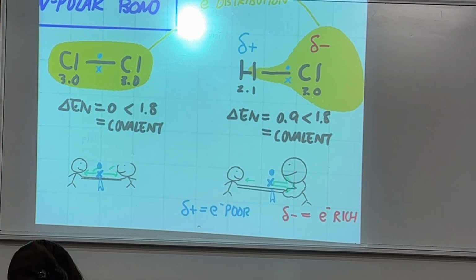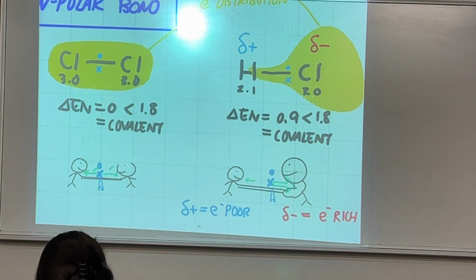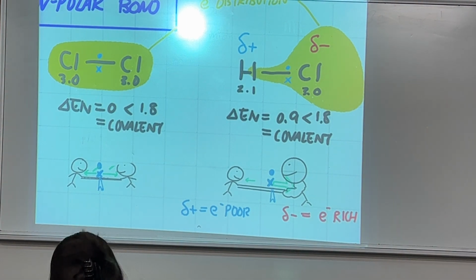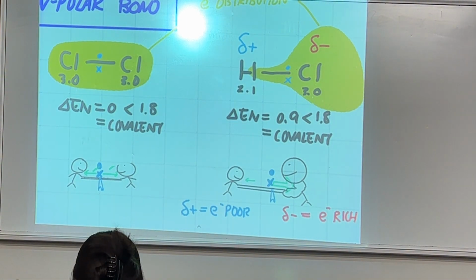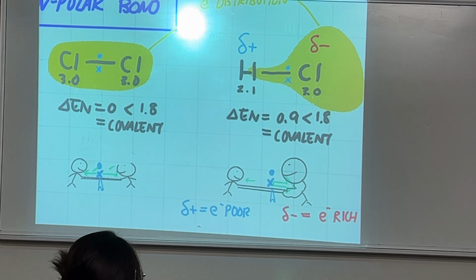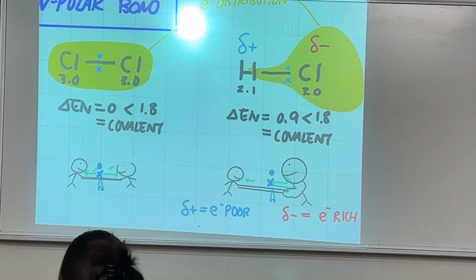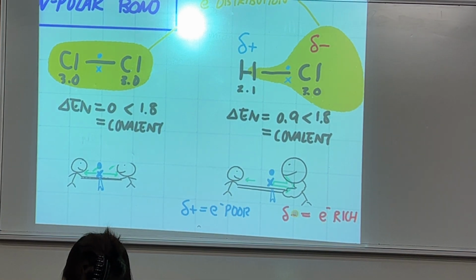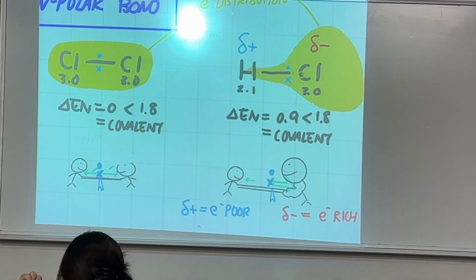Do you get why we have a positive and a negative charge region on this bond? Delta positive means it has electron pulled away from it, which is why it becomes positive. Becoming positive means you have lost electron, and becoming negative means you have gained electron.